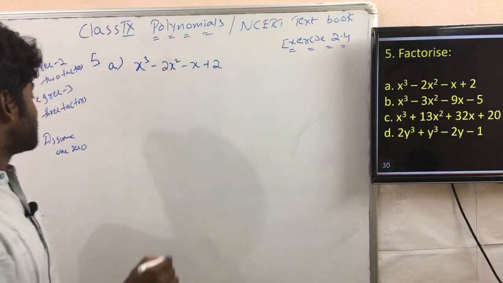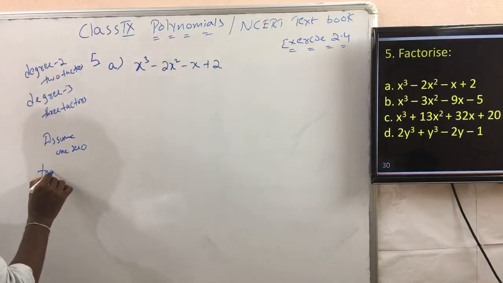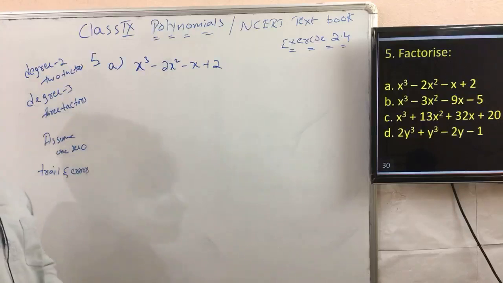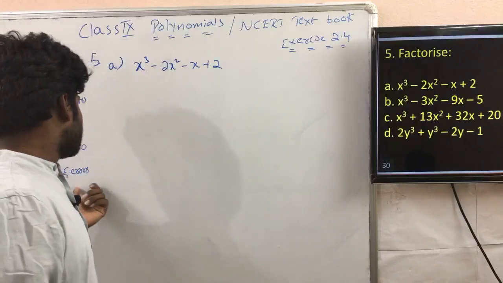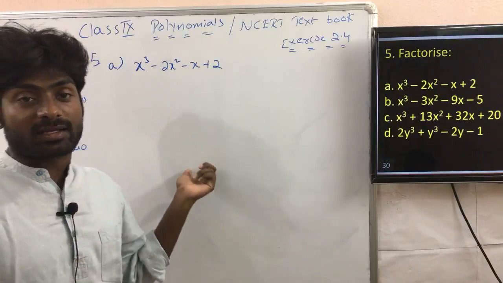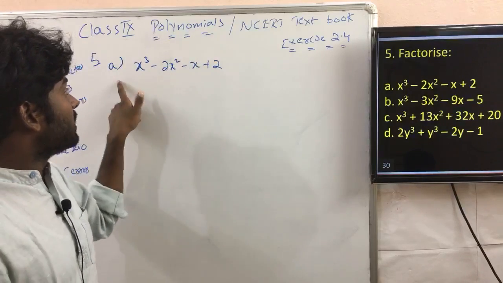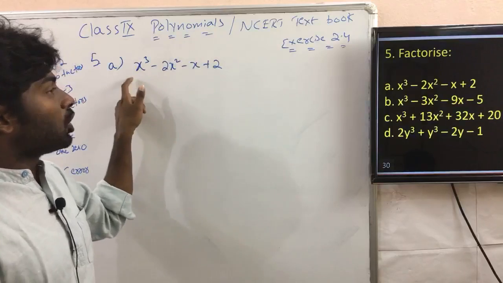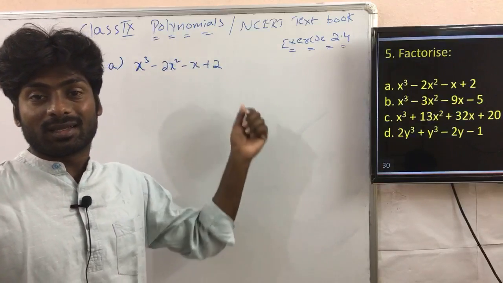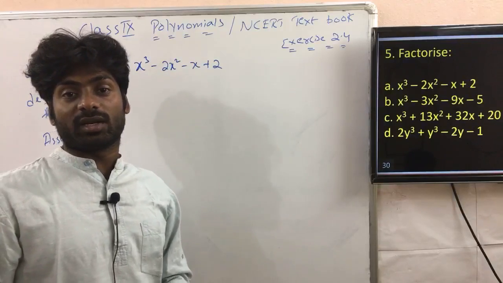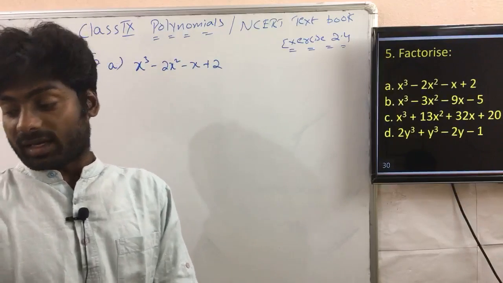That is nothing but the trial and error method. So after getting one zero using the trial and error method, that means you will get one factor. Then we will divide the given polynomial with that factor. Then the polynomial reduces to a quadratic polynomial. Then it is very easy to get the factors of the quadratic polynomial.